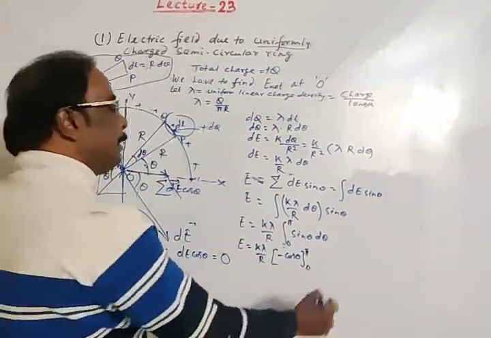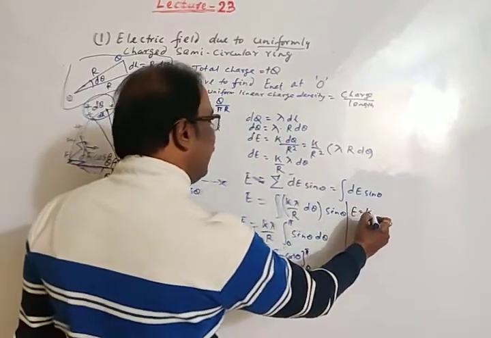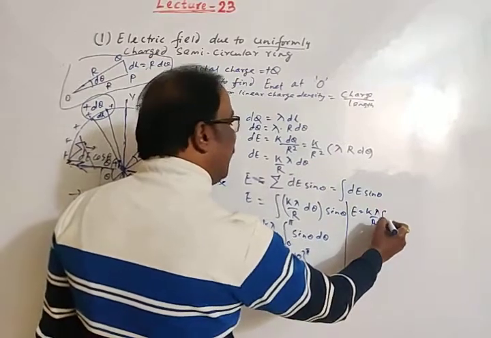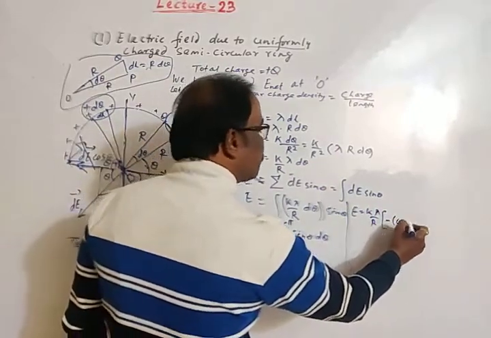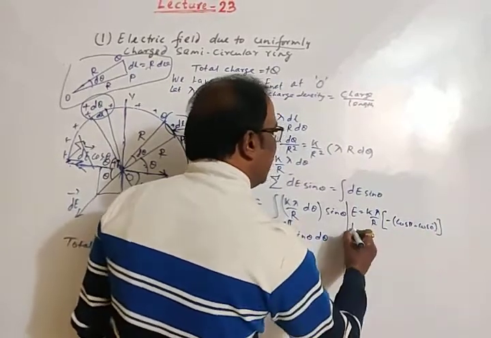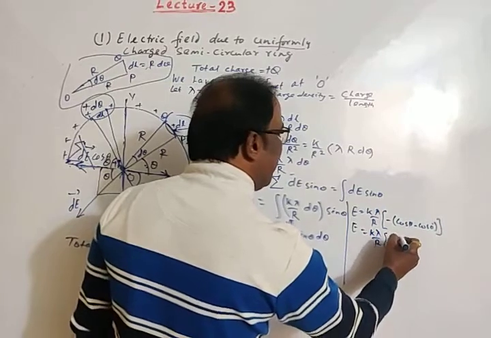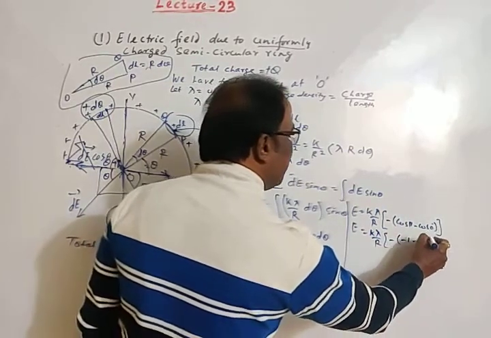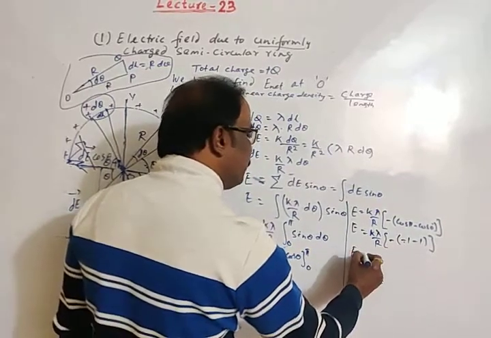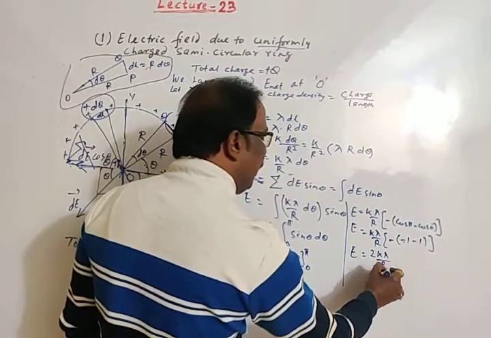So this implies resulting electric field is k lambda by r, minus cos pi minus cos 0 degree, which is k lambda by r into minus 1 minus 1. So this is minus 2 into minus, plus. So resulting electric field is 2k lambda by r.